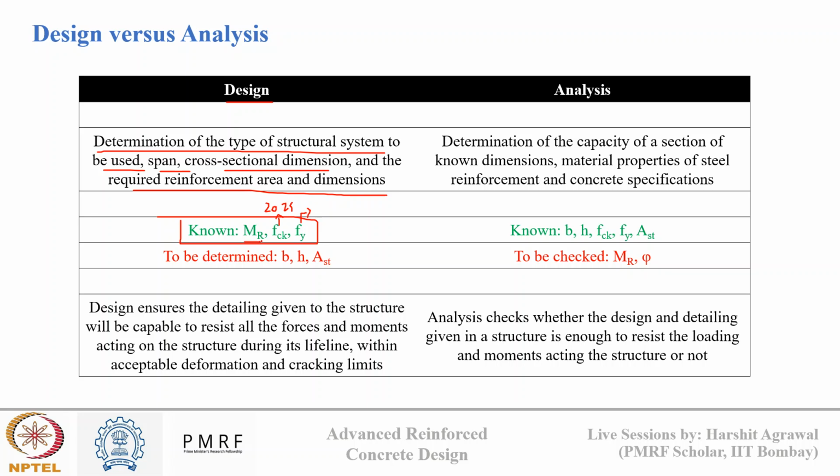And from the structural design, I know what is the bending moment acting on my structure. Knowing these basic things, I will design a reinforced concrete for the shape, the dimension, and the requirement of the material, like width and the height and the reinforcement area required. Okay, so this is design.